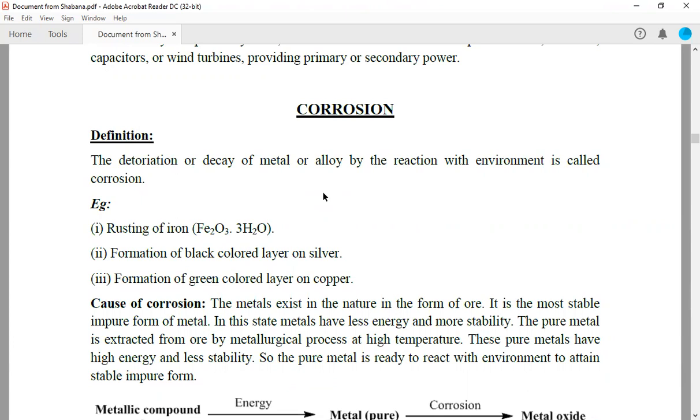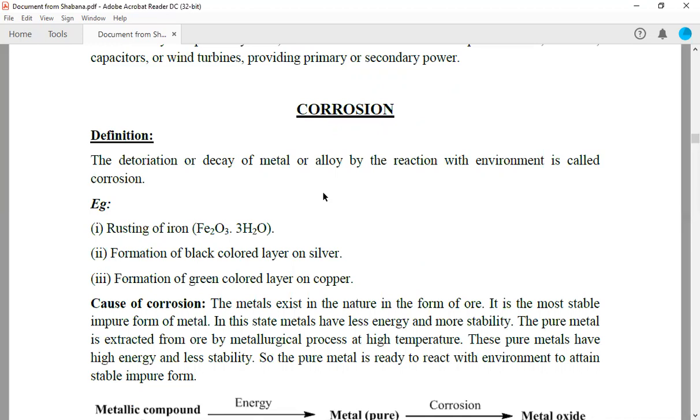What is corrosion? Corrosion is the deterioration or decay of a metal by reaction with the environment. Metals and alloys are important engineering materials with a wide range of applications.